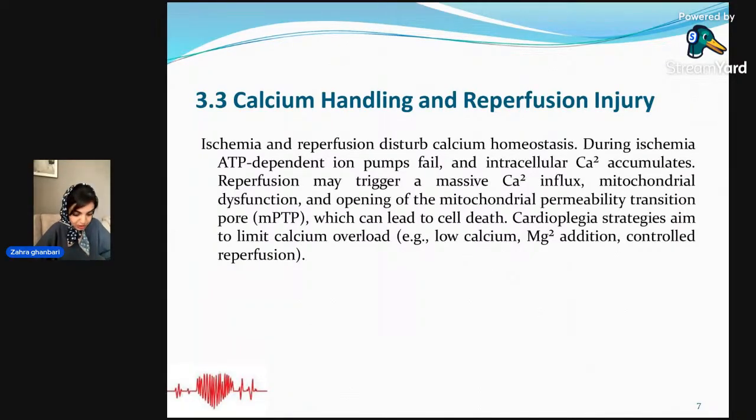Excessive calcium triggers hypercontracture, causing mechanical damage to the myofibrils, and it also activates destructive enzymes such as calpain and phospholipases, and high calcium raises apoptotic factors. This combined effect leads to cell death.